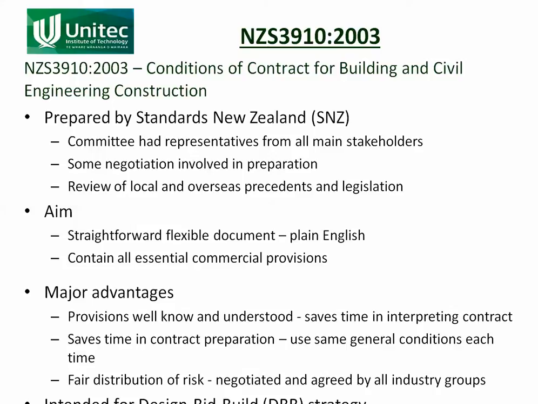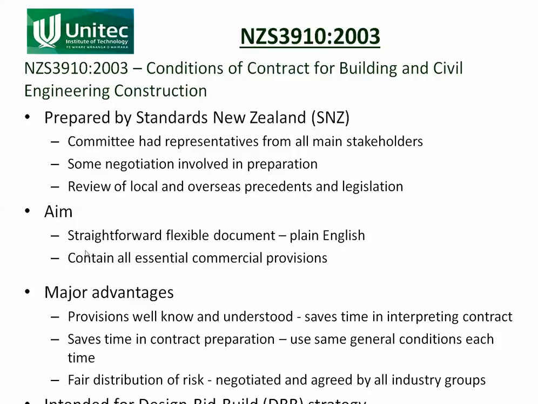So these people all got together and talked about, negotiated an agreement, something that was fair to all, a fair allocation of risk, a fair set of conditions. So NZS 3910 is an agreement, if you like, between the different parts of the industry, what they think is a fair arrangement for a contract.